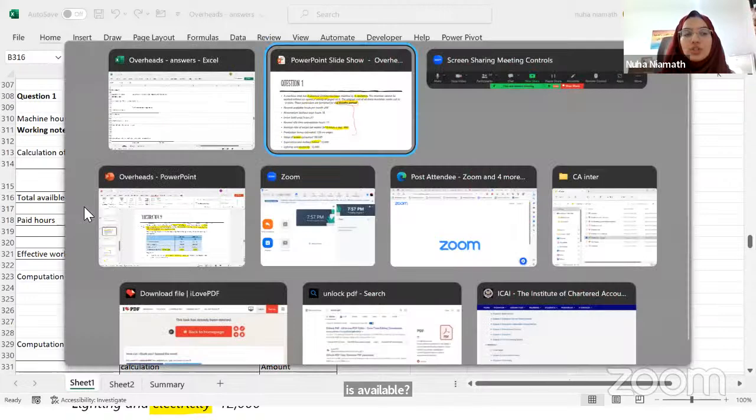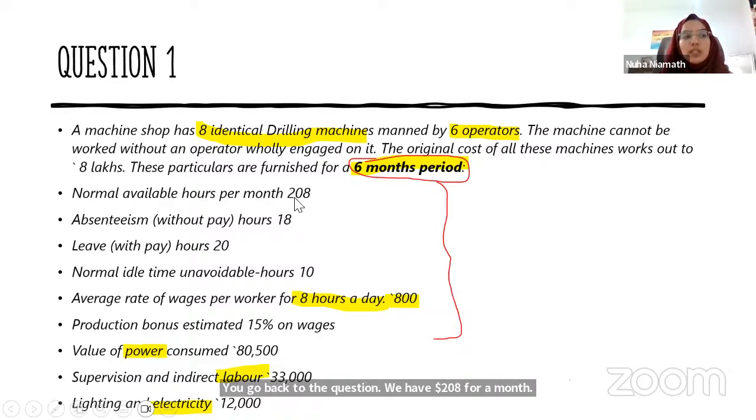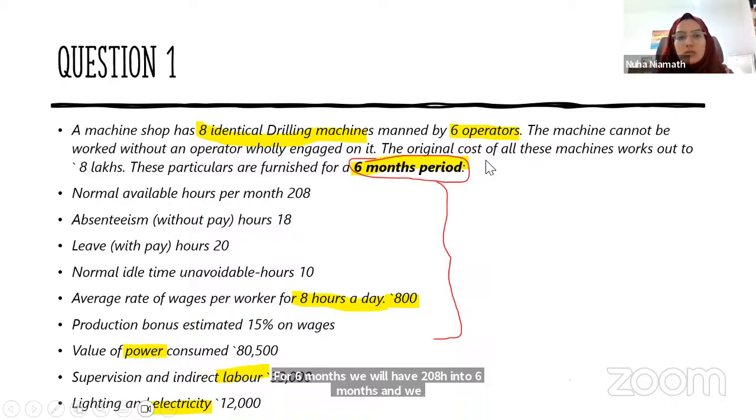We go back to the question. We have 208 hours for a month. So for 6 months, we will have 208 hours into 6 months. And we have how many operators? 6 operators. So into 6.